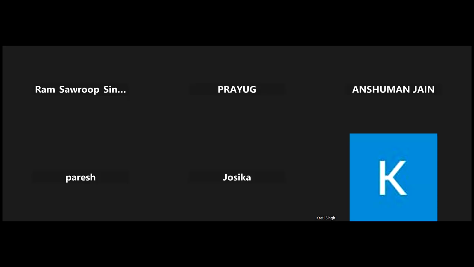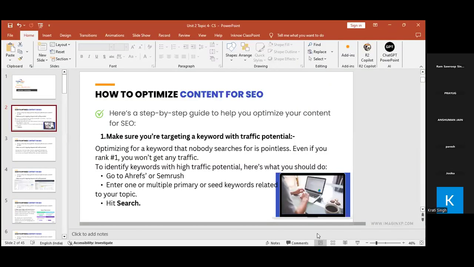Now, the next thing that I want to cover in today's class, it's not that big of a topic, but it's very, very important. That is how you can write proper content that is according to SEO.